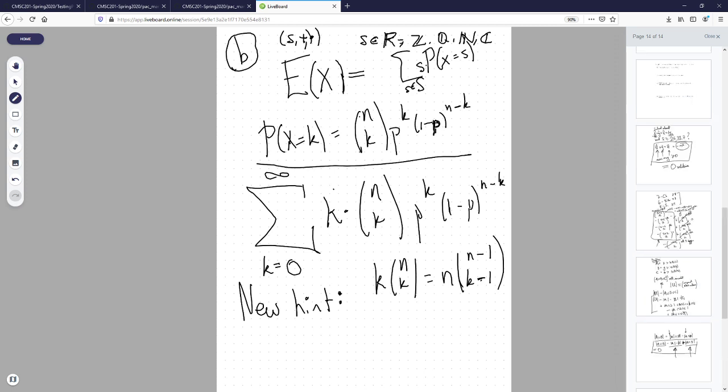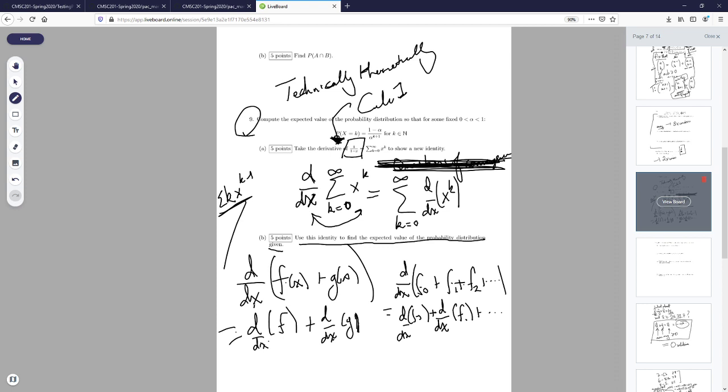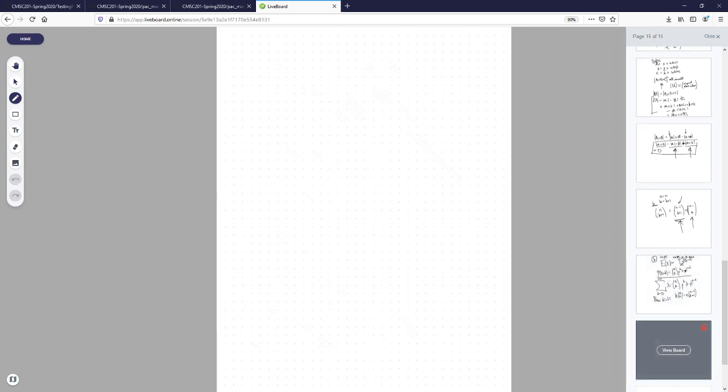Oh, wait a second. Did I change this to binomial distribution? Oh, that's the binomial distribution. I'm doing the totally wrong expected value. Okay, I was very confused for a second. I was like, what am I doing? Okay.